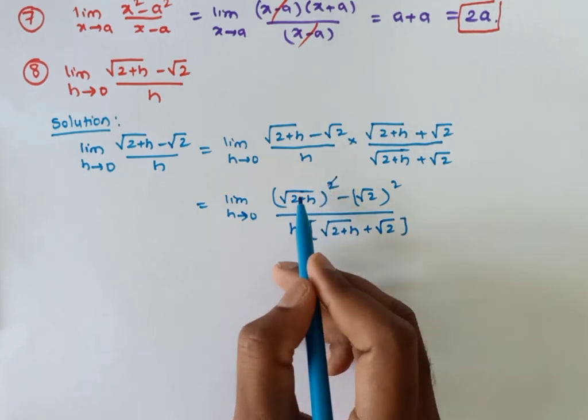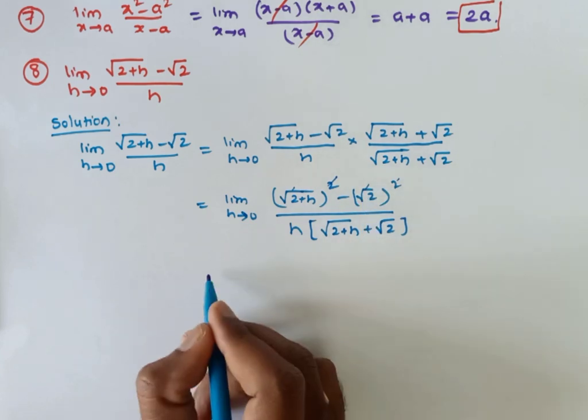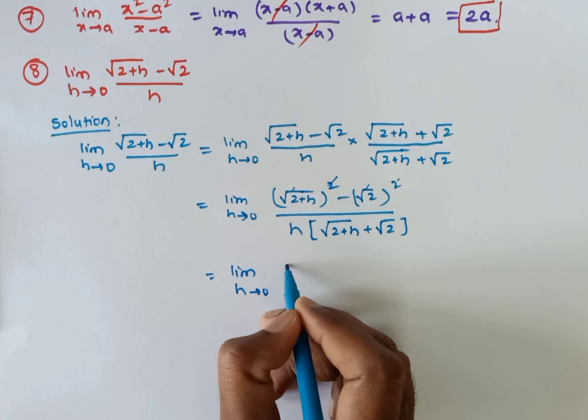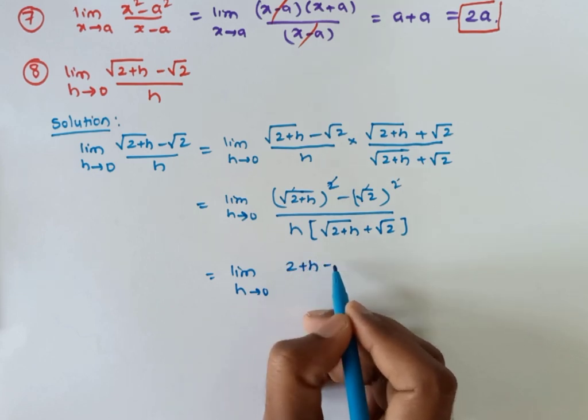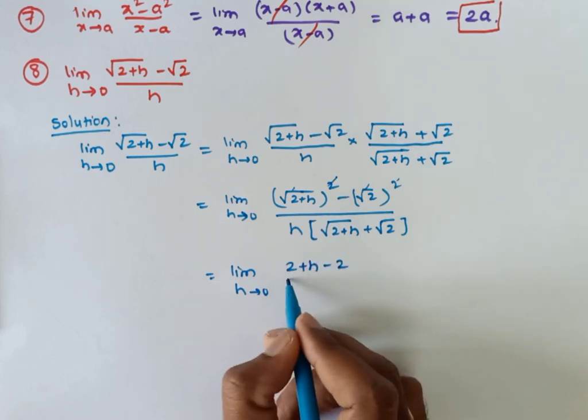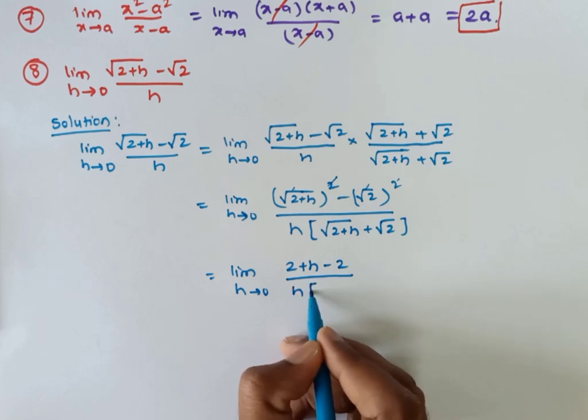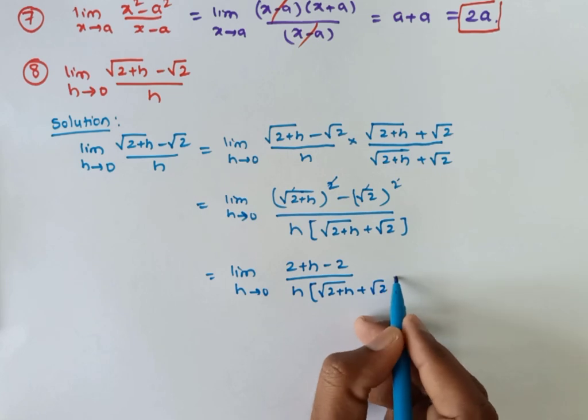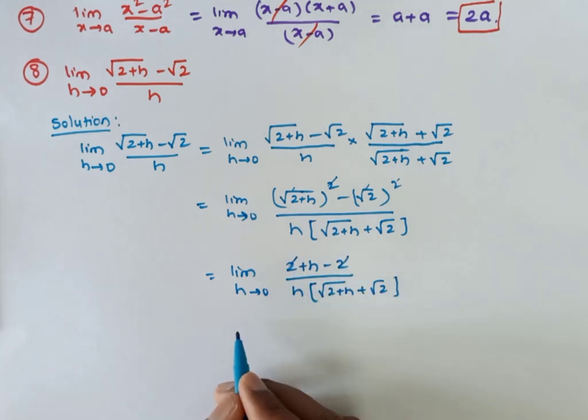Now the square and square root get cancelled. Then the limit is limit h tends to 0 of (2 plus h minus 2) divided by h times (root of 2 plus h plus root 2). Here 2 and 2 get cancelled.